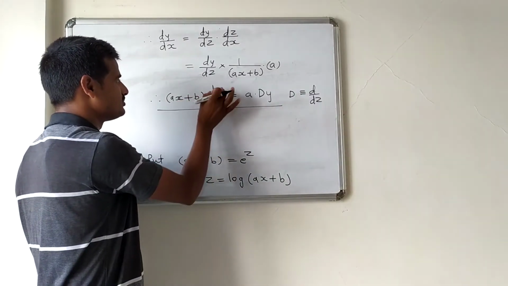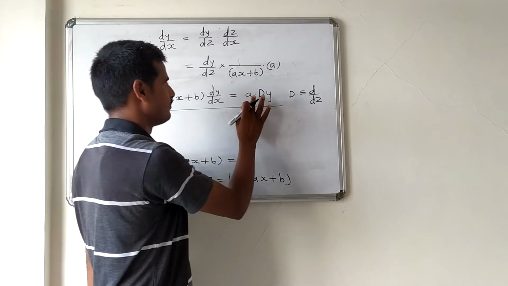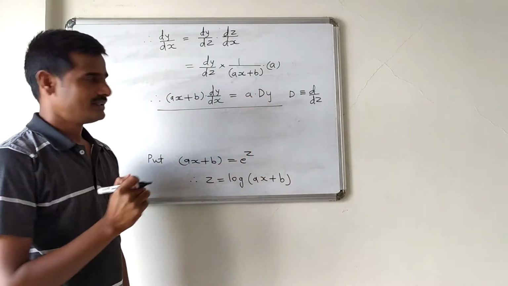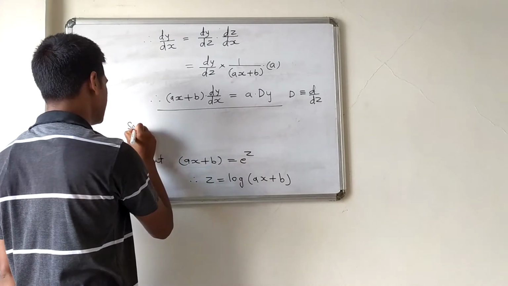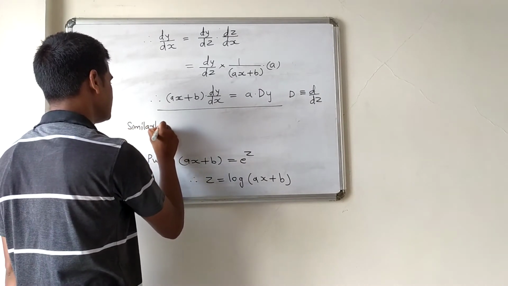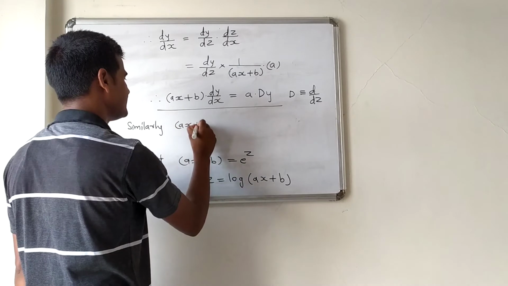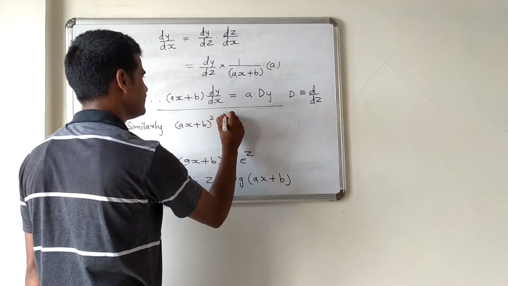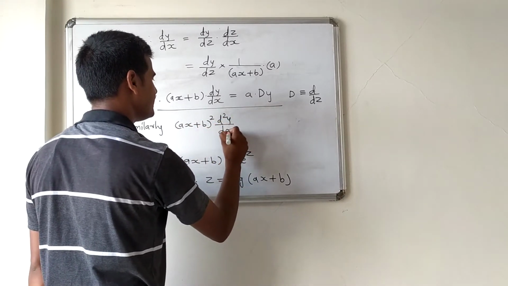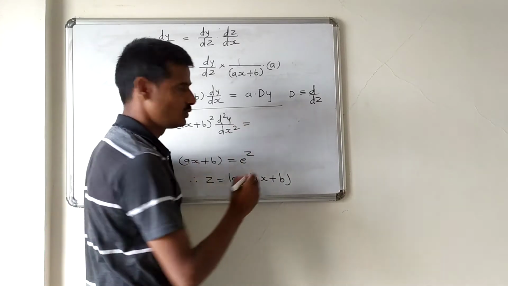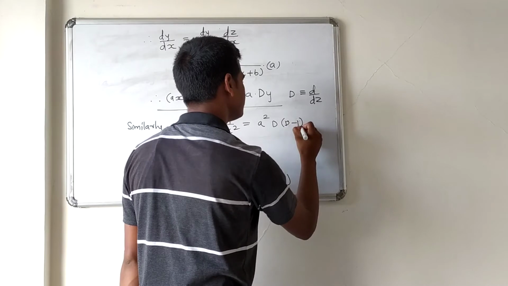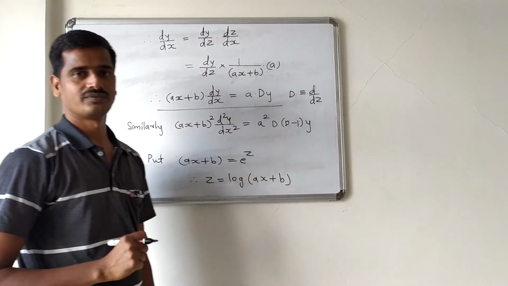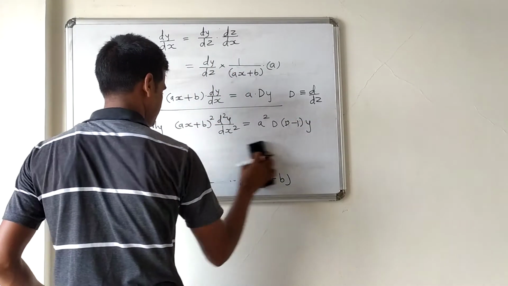So this is the replacement for the first order derivative: replace (ax plus b) into dy by dx by a D y. Then similarly, you apply the same logic and you can show that you replace (ax plus b) whole square into d square y by dx square by a square into D(D minus 1) into y, and you continue in this way.